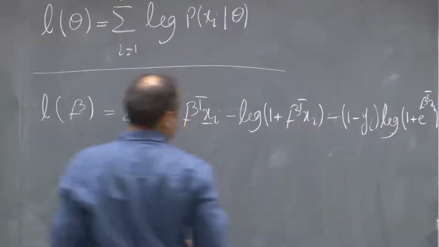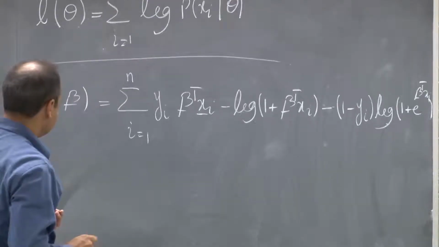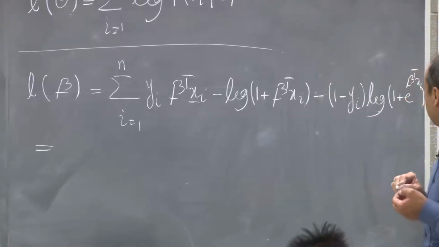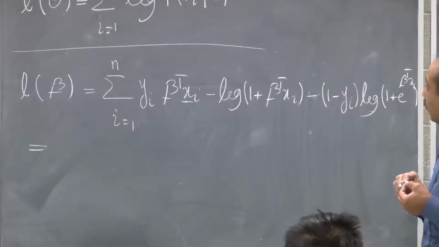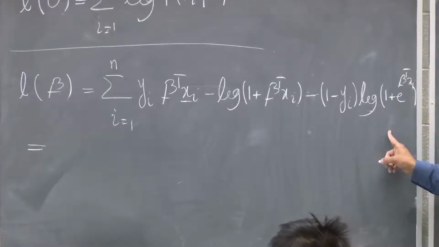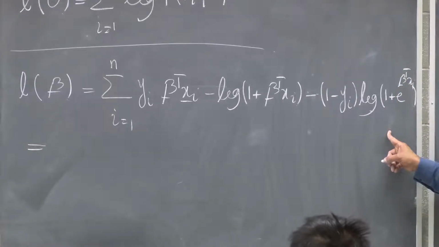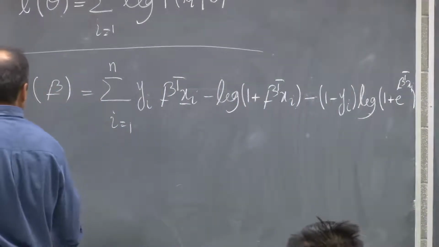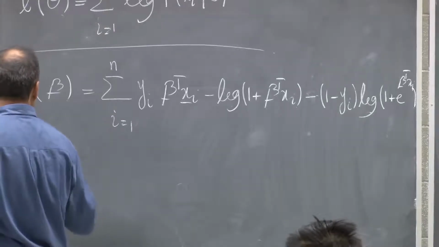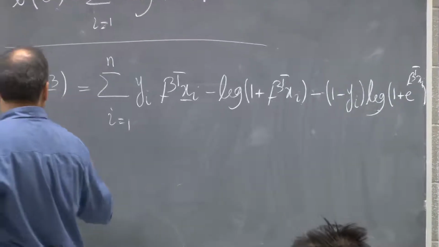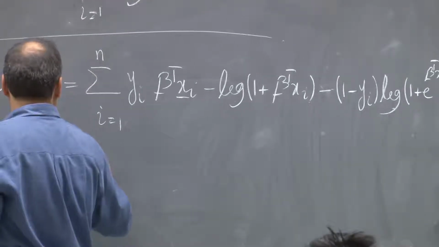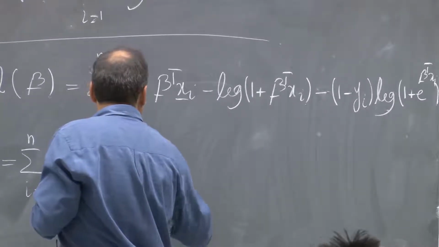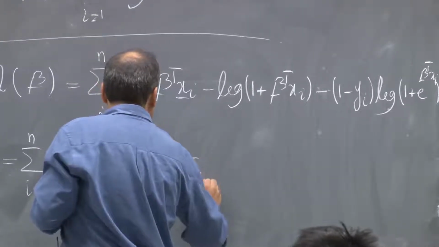Okay. Hopefully we haven't made a mistake. So this is the log likelihood, right? I can simplify this. It is the sum from i equals 1 to n of yi beta transpose xi minus log of 1 plus e to the power of beta transpose xi.